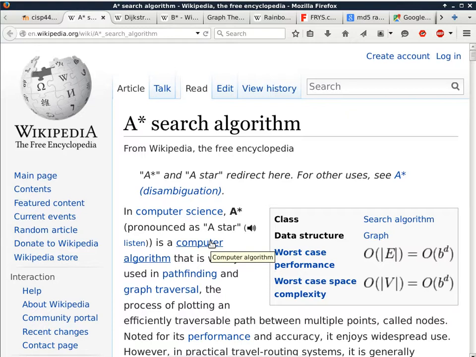So if you can come up with a heuristic that is also guaranteed to be an underestimate of the actual distance, then you can use the A-star search algorithm. The A-star search algorithm is kind of like Dijkstra's algorithm, but it makes use of heuristics.